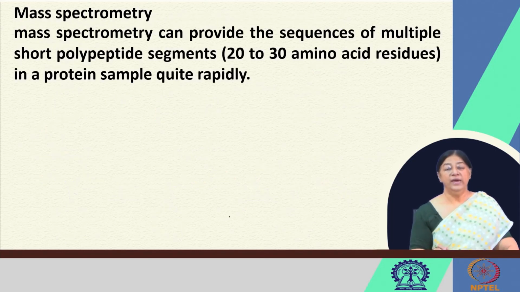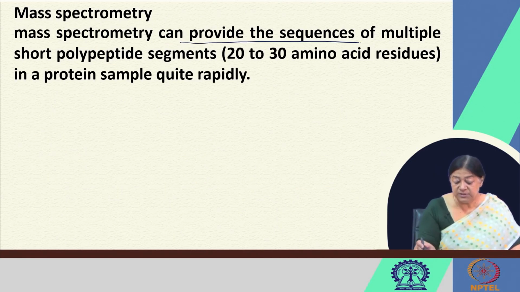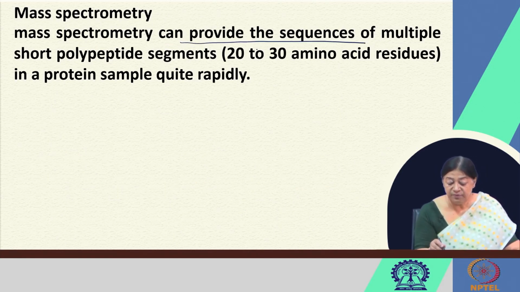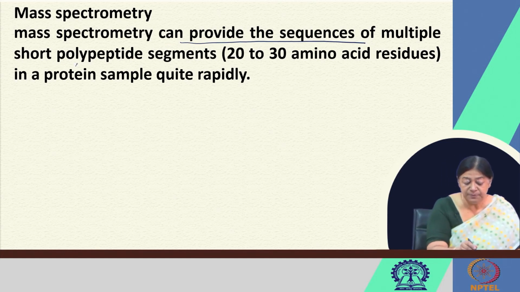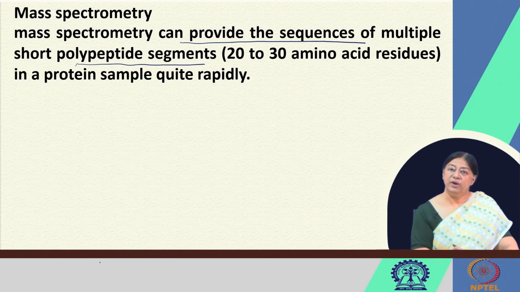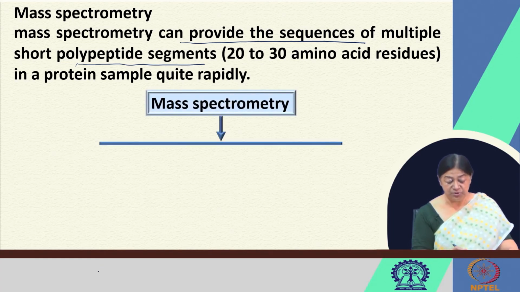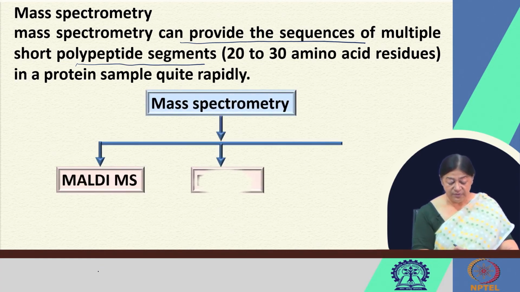Another way in which we can find out this is using mass spectrometry, where we can provide the sequences of multiple short polypeptide segments in a protein sample quite rapidly, where we have actually a fragmentation. What happens in this case is, in mass spectrometry, we have different methods.